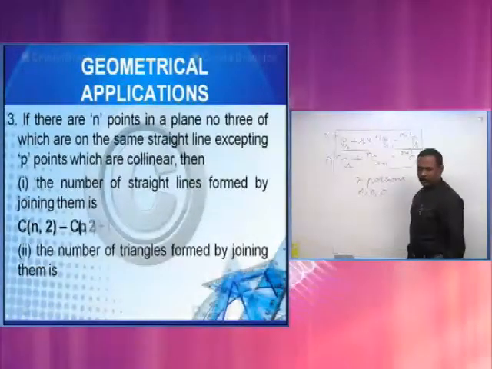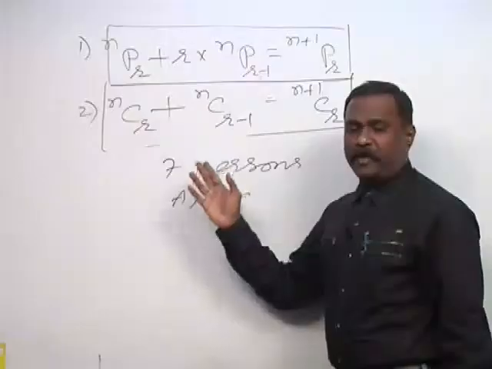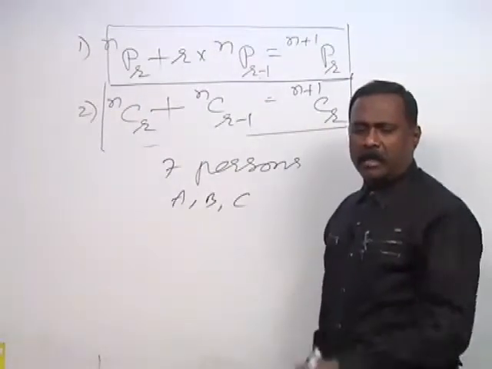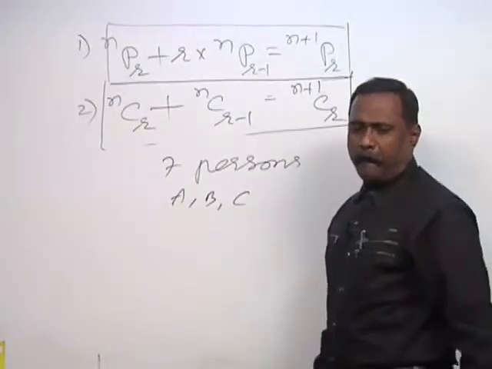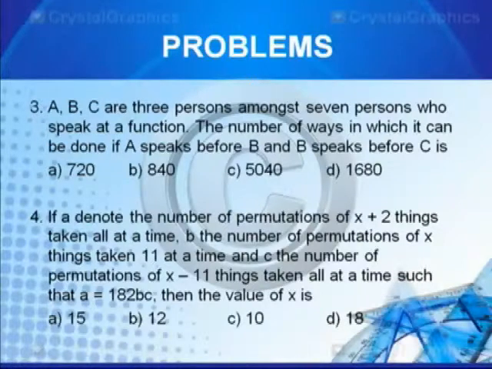See this one carefully. Now, these 7 persons generally can be arranged in, just wait. See that one on the screen, please. Third problem. A, B, C are 3 persons among the 7 persons who speak at a function. The number of ways in which it can be done if A speaks before B and B speaks before C. What does it mean?